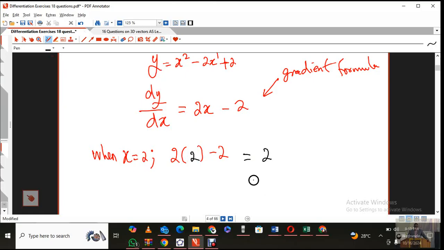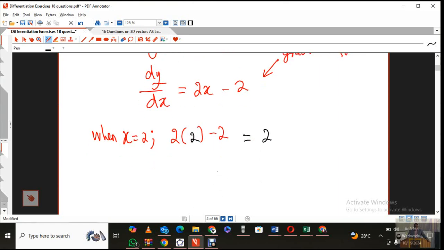So what this gradient is, this is the gradient of the tangent. So in a nutshell then, if I have to go old school, the tangent to that curve is going to be y equals 2x plus c. It's in the form of mx plus c. Now, we are using another equation where we say y minus y sub 1 equals to m, which is the gradient, and then x minus x sub 1.